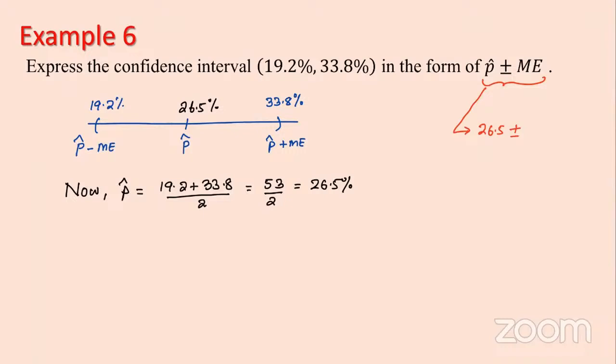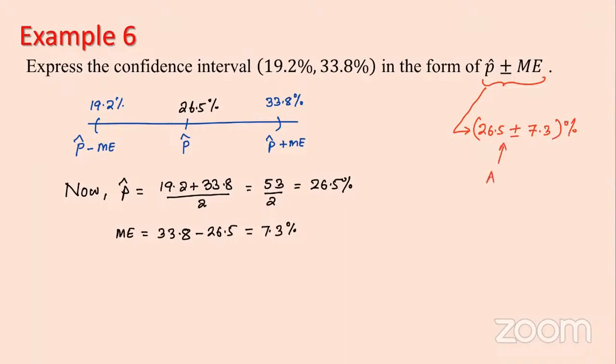Margin of error is equal to 33.8 minus 26.5. That is equal to, did you say 7.3? Okay, 7.3%. That means it is 26.5 plus or minus 7.3. These are all in percentage.